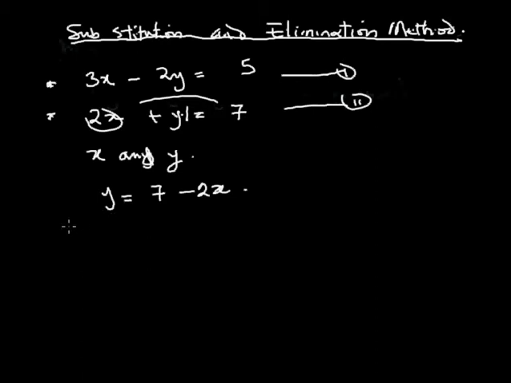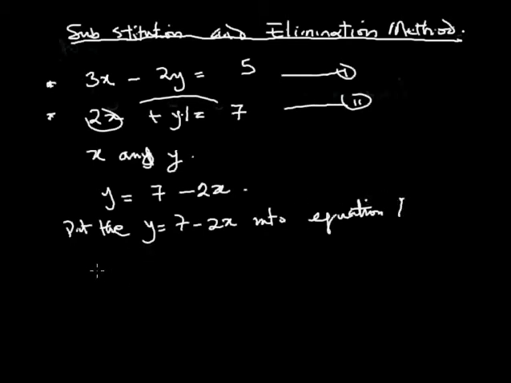Now we are going to put the value of y, which is 7 minus 2x, into equation 1. When we put the value of y into equation 1, this is what we have: 3x minus 2 bracket, the value of y, which is now this, bracket 7 minus 2x, is equal to 5.